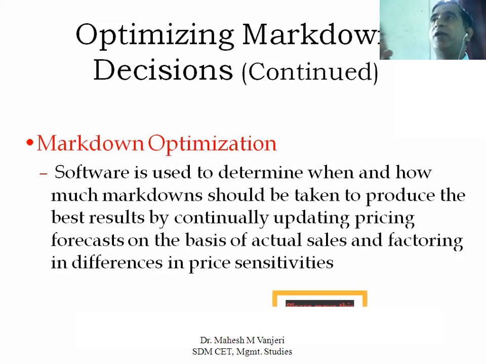Then at what point in time the demand is very low and which products are price sensitive. Based on that, the software gives an output on which merchandise to be put on sale or promotional markdown, at what price or at what percentage of discount. But you need to feed input to that.